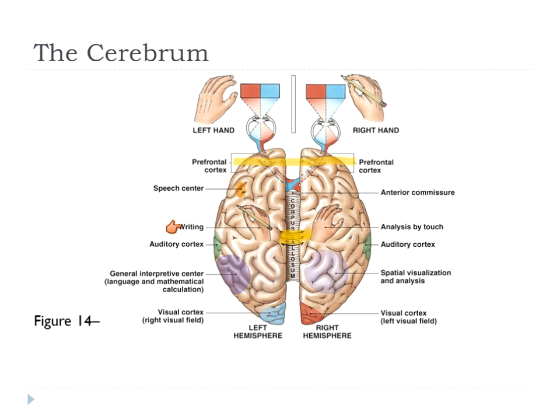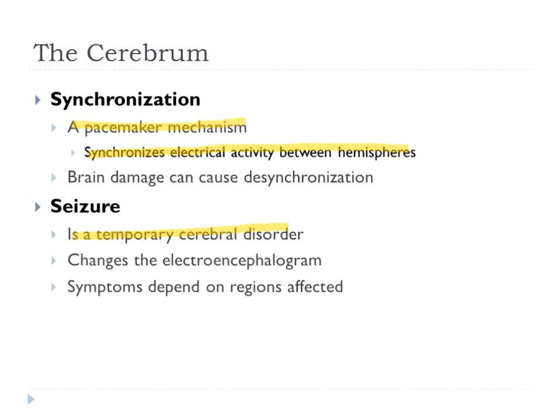Writing is also found on your left hemisphere. For some people, it's not only found in their left hemisphere, it's also found in their right hemisphere, so they can be either ambidextrous or left-handed. You have your prefrontal cortex here. Remember, that's the portion of your brain that helps you to predict the consequences of future actions.